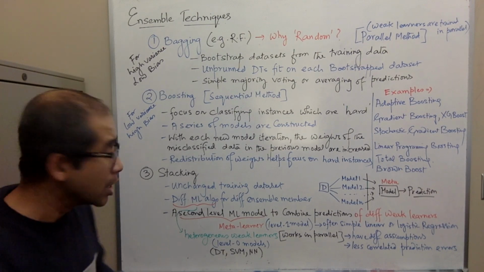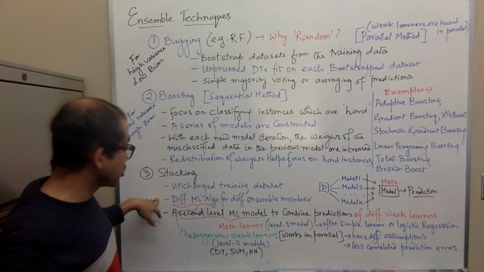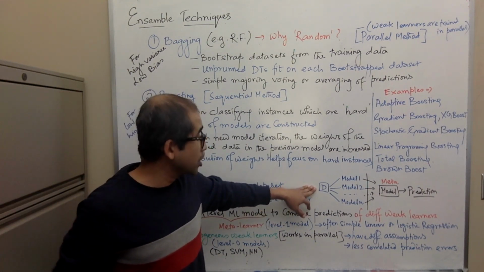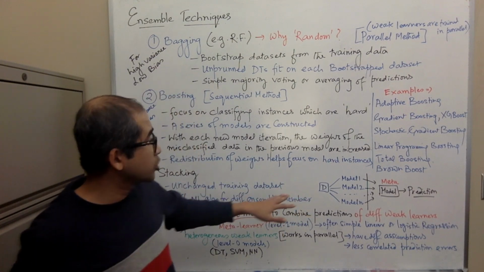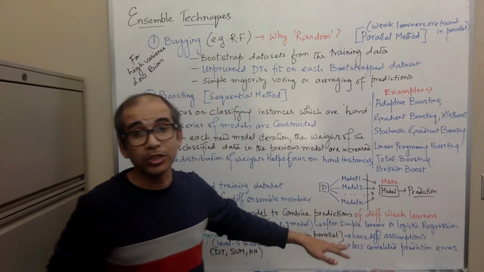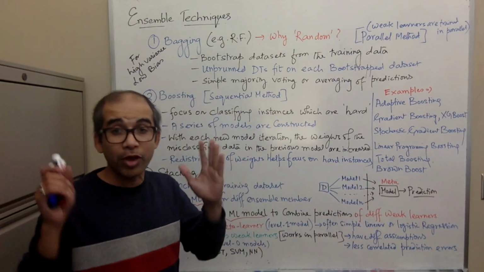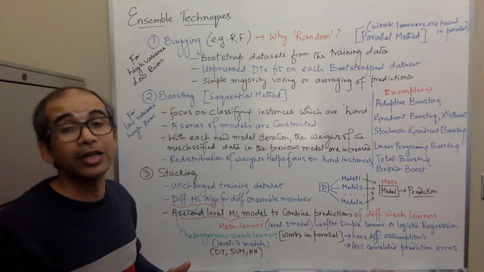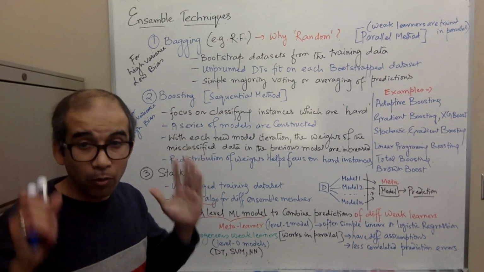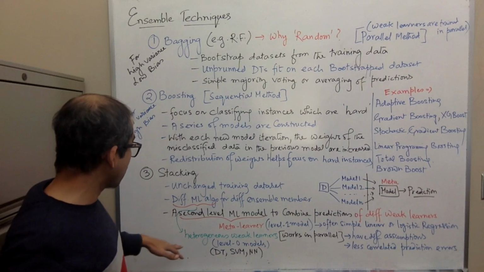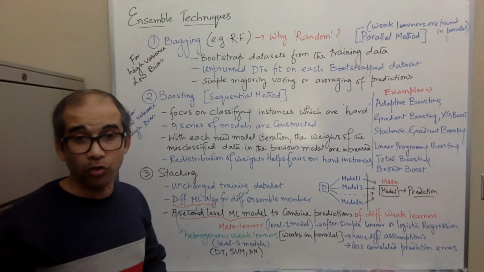This is also called the level 0 model. This is the main data set you have. Consider that it's not divided, it's just the unchanged data set, and we're giving it to multiple different models. Here model 1, model 2, until model n train in parallel and they are called level 0 models. The most important part is that they can be different models. We also call them heterogeneous weak learners.